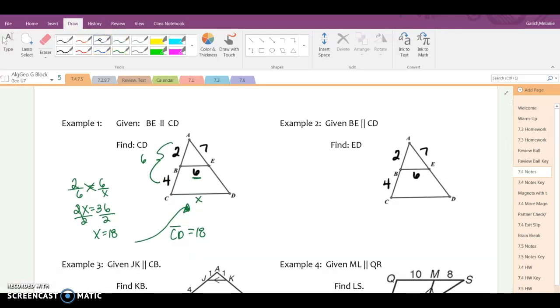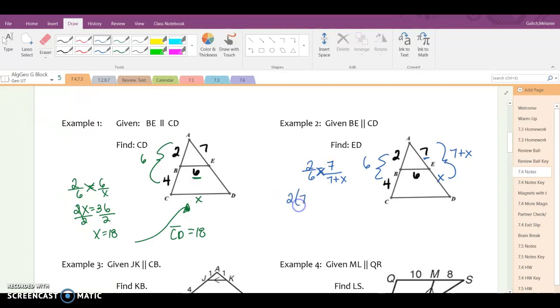All right, next one. We're going to repeat the process, but now we're going to find ED, so that's going to be X. Let's use the same thing we just did. 2 over 6, because this whole side is 6, equals, now we're just trying to find the right-hand side. So 7, because that's this little piece, but now we need the whole thing, so the whole side is 7 plus X. All over 7 plus X. Now cross multiply.